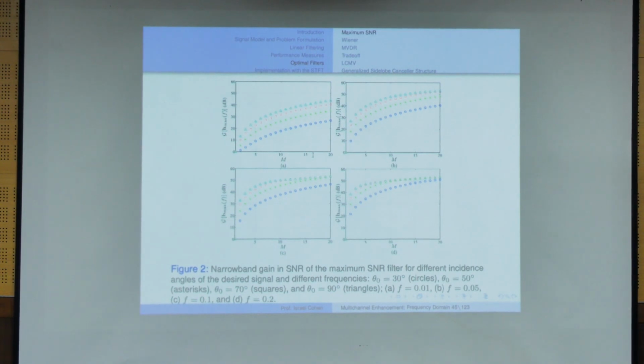Now it's interesting to see that if M is fixed, if we use a certain number of sensors M, when we increase theta 0, up to 90 degrees, the spatial separation between U0 and X0, which means the spatial separation between the direction of the desired source and the interference, becomes larger.